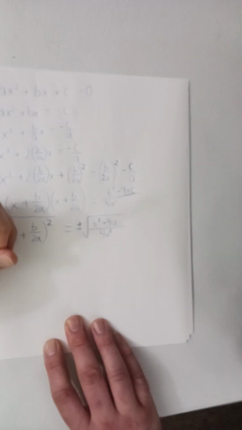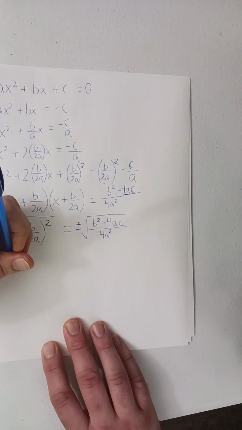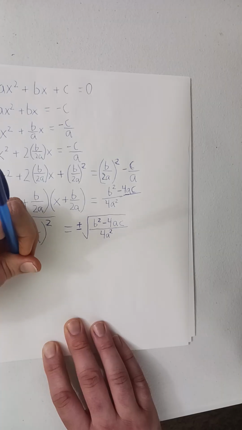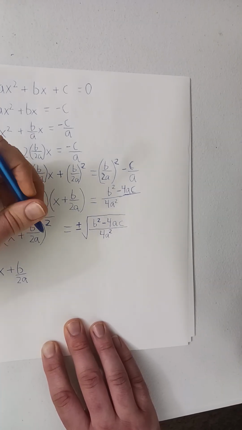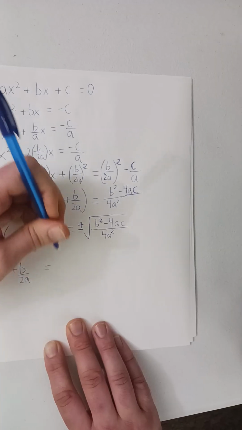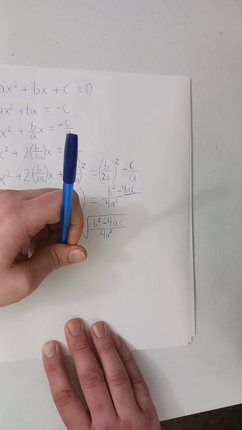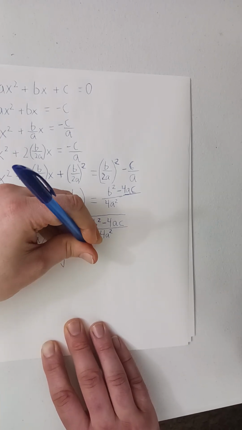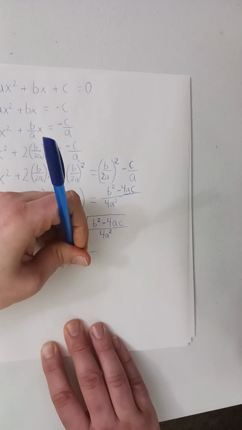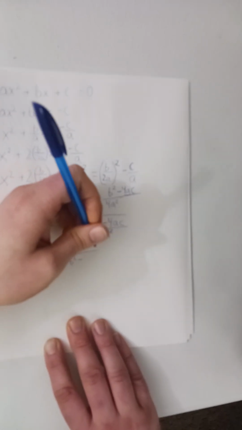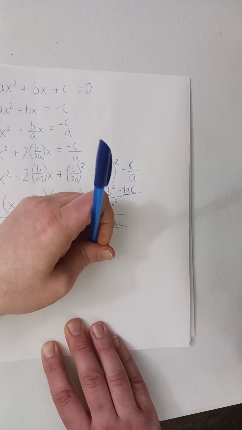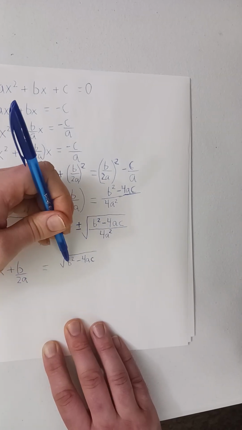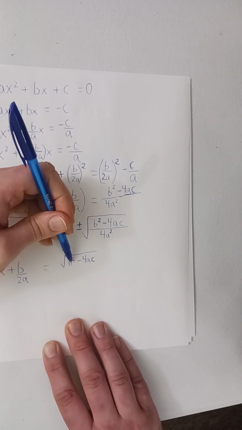So now this becomes x plus b over 2a equals the square root of b squared minus 4ac. We can't do anything with this 4 because there's still subtraction here.